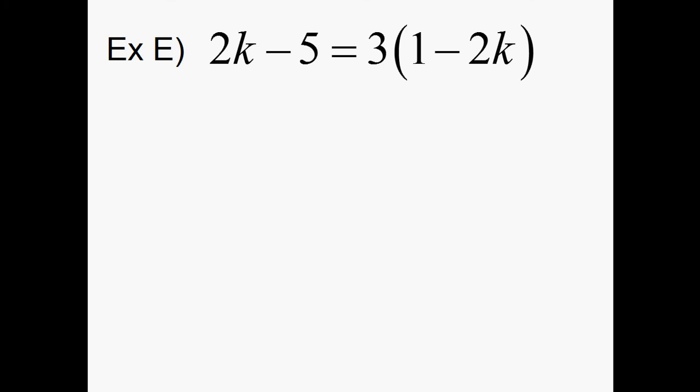So there's nothing that I can do on the left side. 2k subtract 5, there's no like terms, nothing like that. So you should be on the right side using your distributive property. Remember those little arrows that we were practicing? So 3 times your 1. And 3 times your -2k.